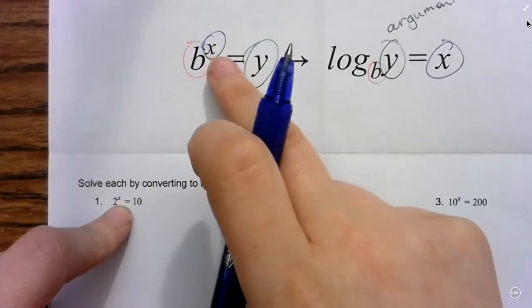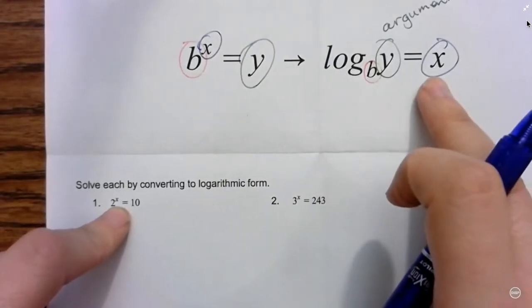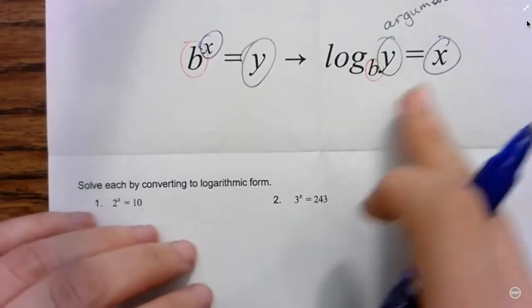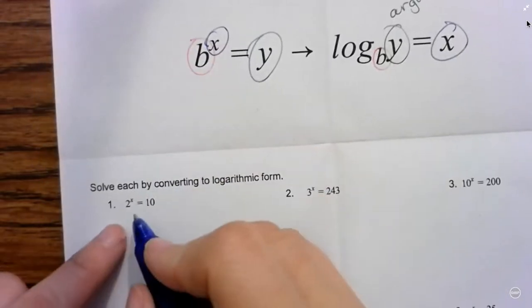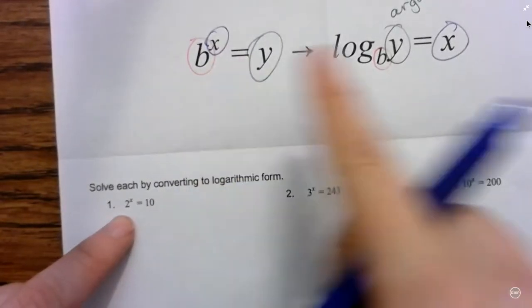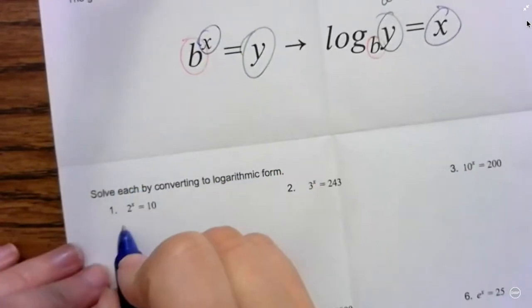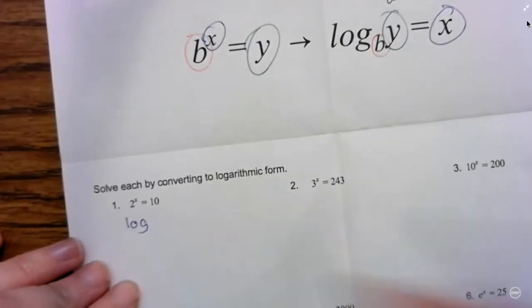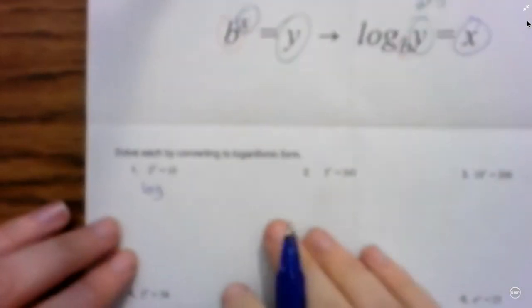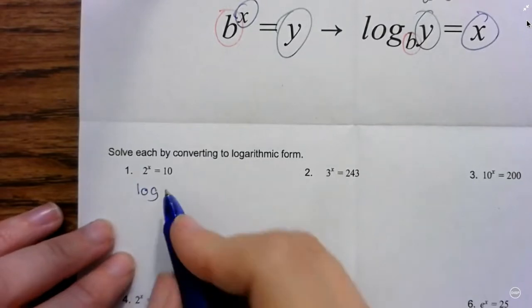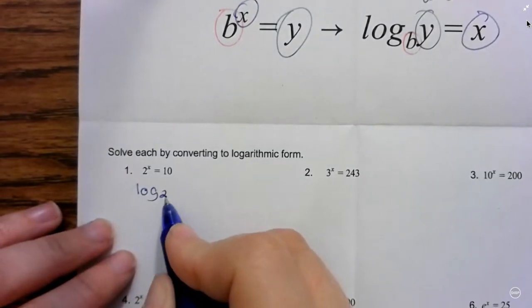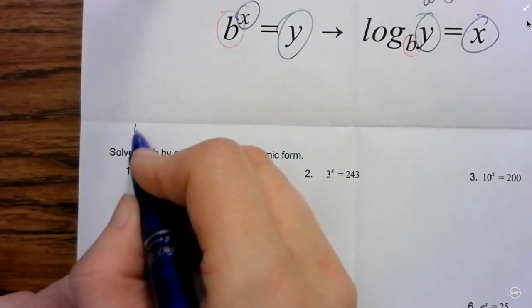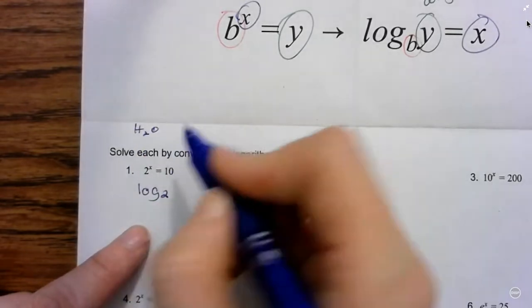It's going to take that exponent and make it the answer, for lack of a better term. So I'm going to take my base, and that's going to become the base of the logarithm. So you write that like log, and then subscript 2, kind of like H2O.